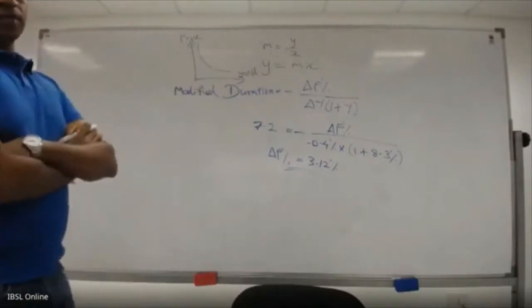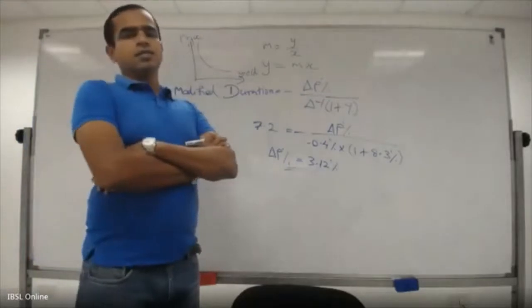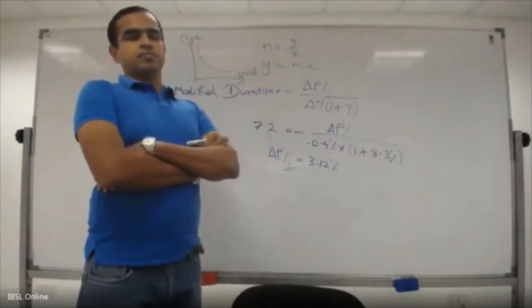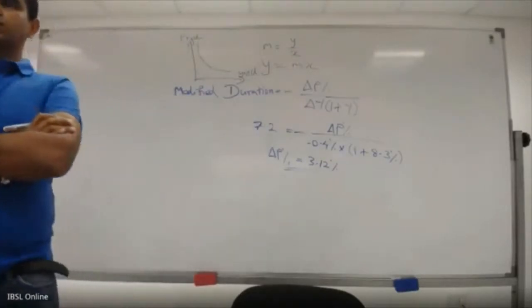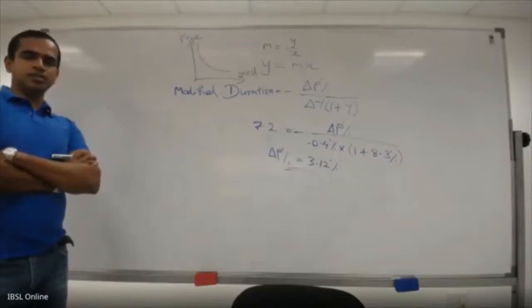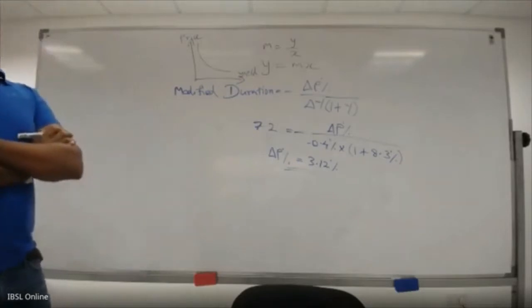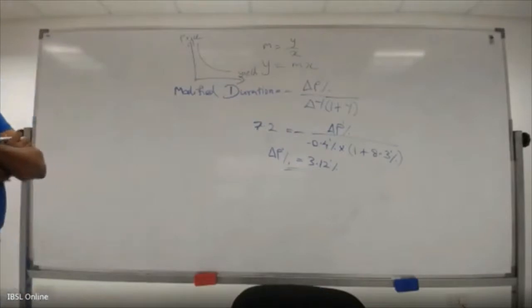The more curved the price-yield relationship is, the greater the convexity. A straight line has a convexity of 0. If the price-yield curve were in fact a straight line, the convexity would be 0.